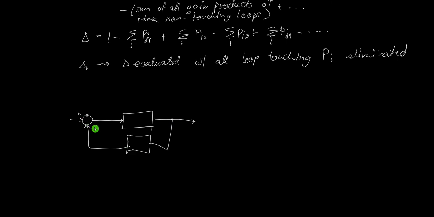So this is our input R, we have an output C, and this is G, and this is H. This is the canonical form of a block diagram. And from our previous discussion, this is just equal to G over 1 plus or minus G times H, depending on the sign of the feedback.